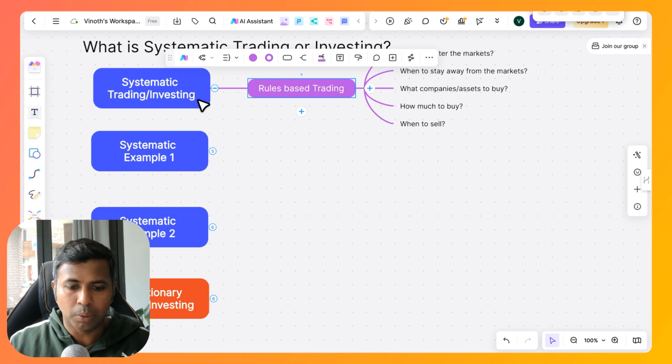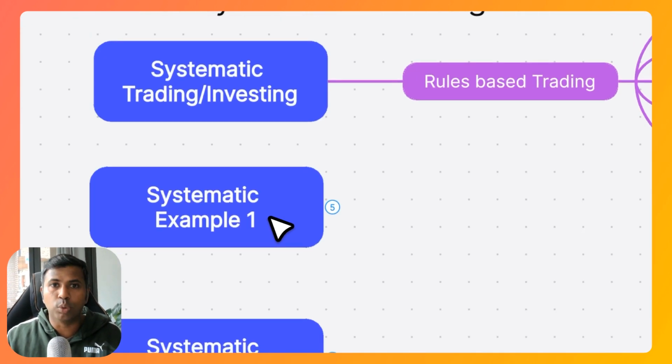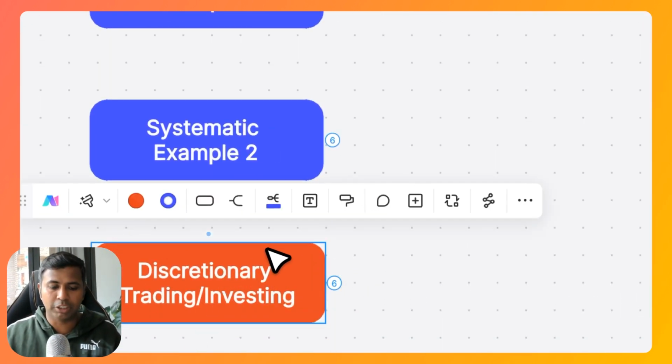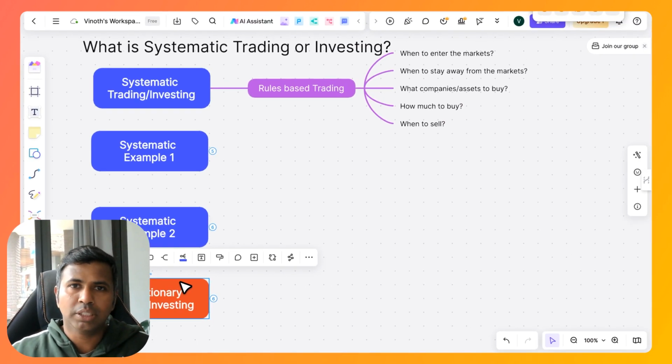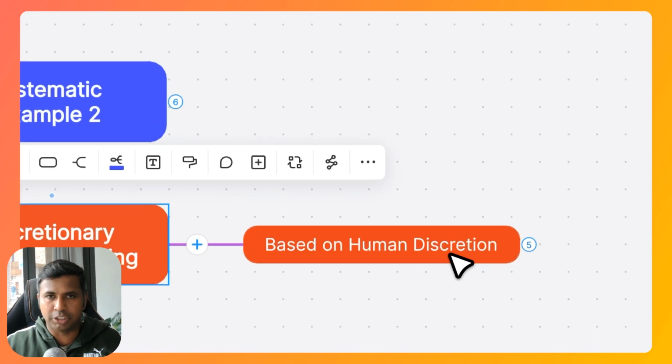So now let us look at the opposite style of investing, which is called discretionary trading or investing. So what is the opposite of rules-based? It is a discretionary system where the decisions are based on a human's choice or discretion.